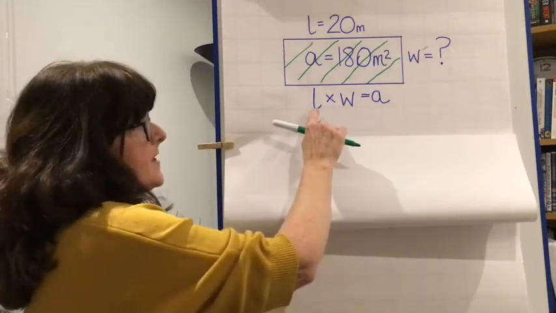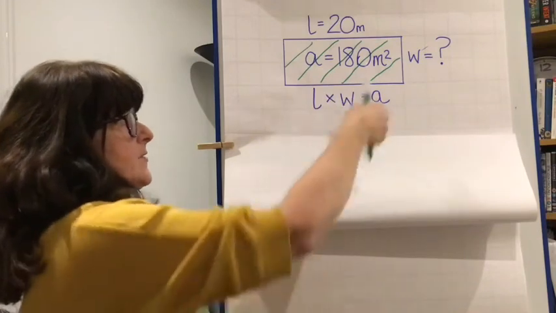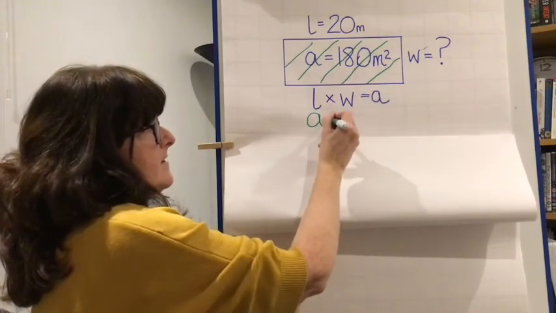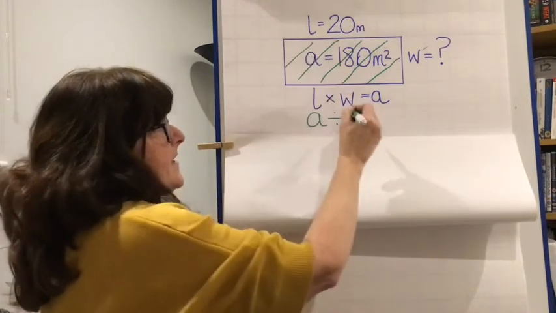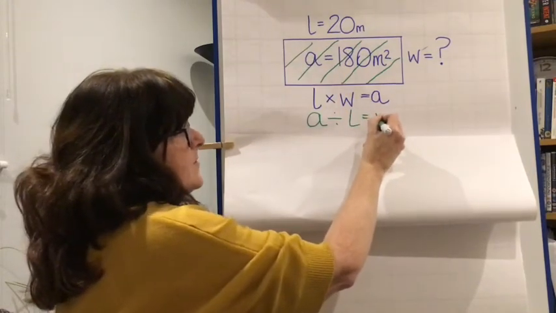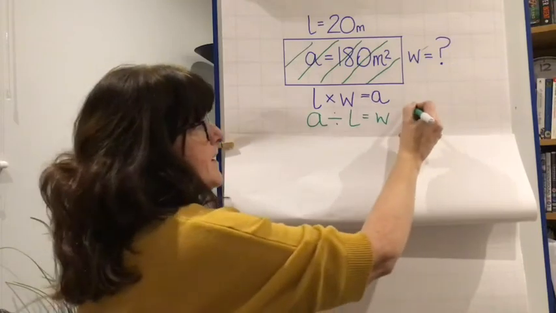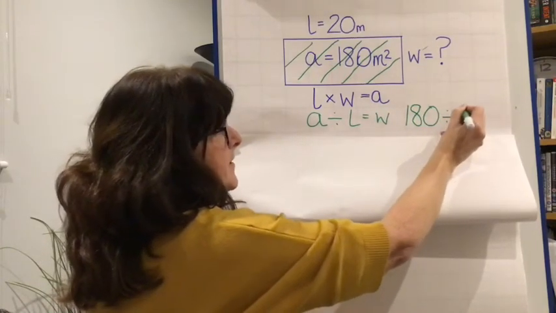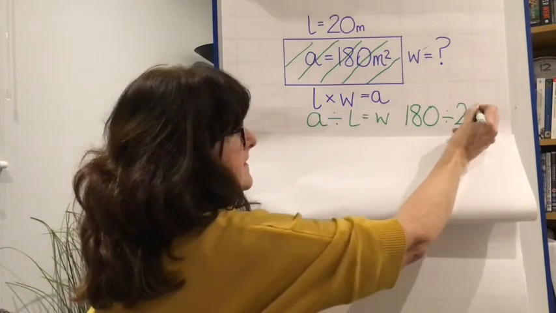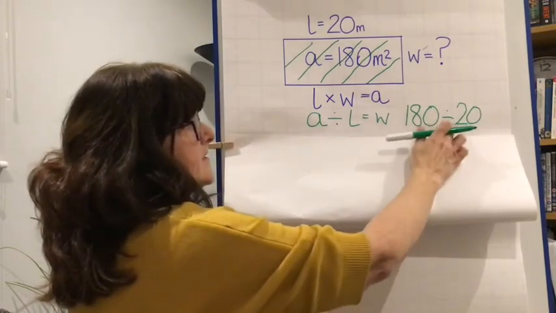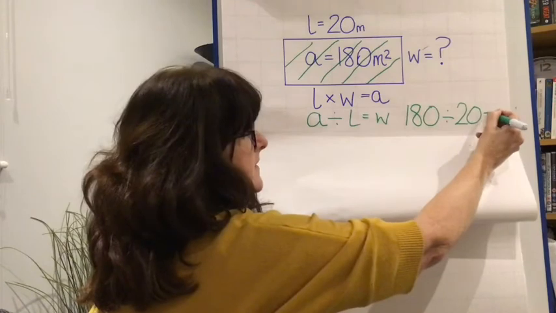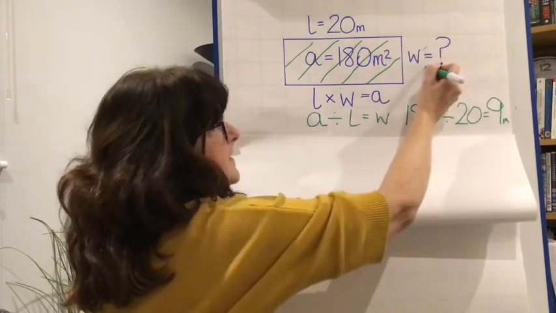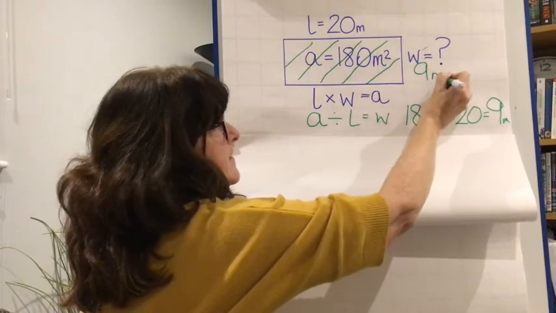Well, I know that length times width is area, so I could rearrange that to do area divided by the length equals the width, which would be 180 divided by 20. I know that 18 divided by 2 equals 9. So the missing width is 9 metres.